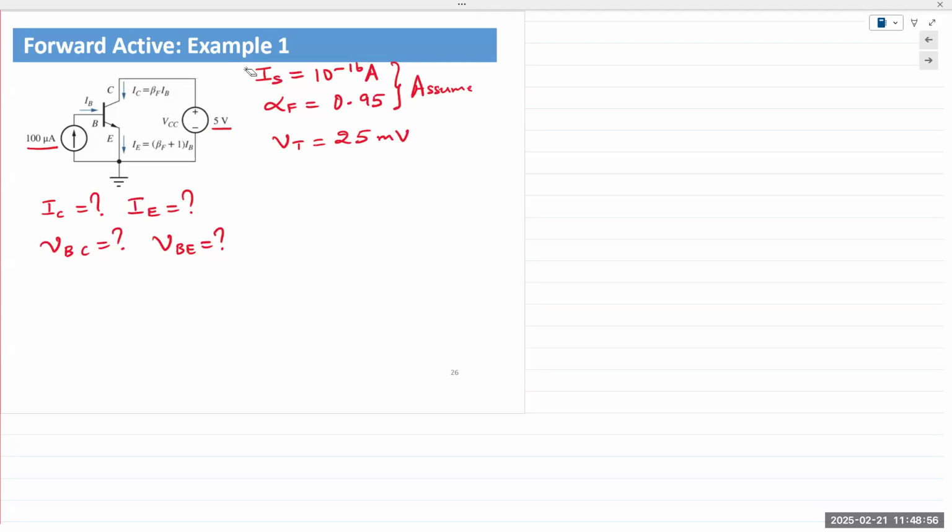Let's say our assumption is that the transistor is operating in the active region. From the current source going into the base, and the collector-emitter voltage VCC applied, we can assume active region of operation.